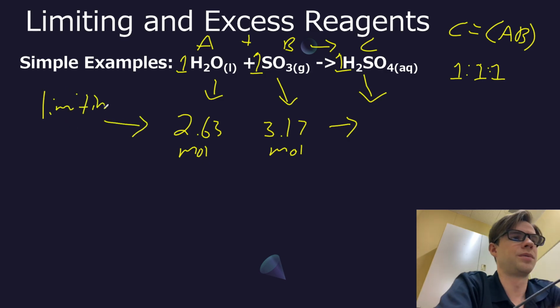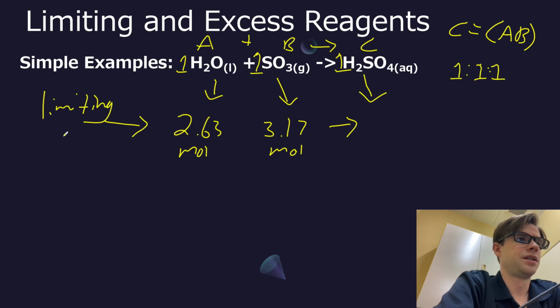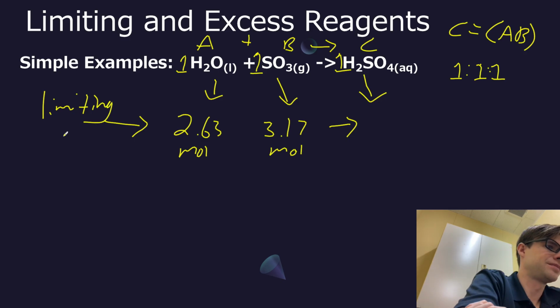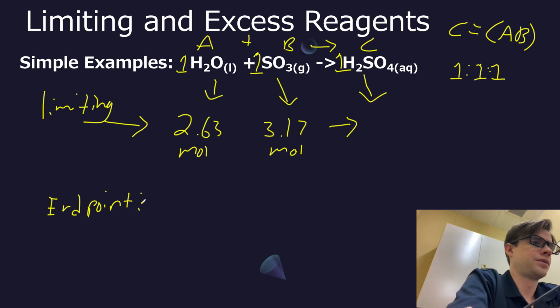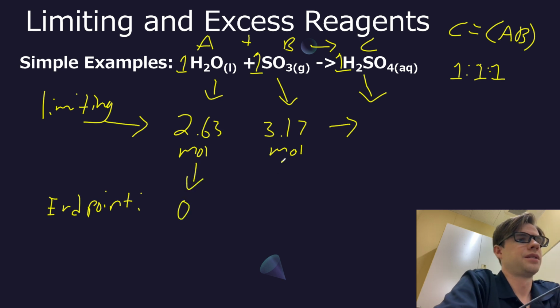It will all be used up first. And we're going to have 3.17 minus 2.63 that is used up. So this being limiting should go to 0, this having 2.63 used up to react with H2O.